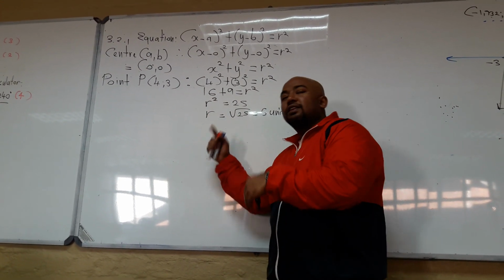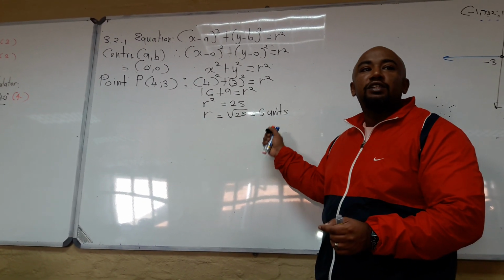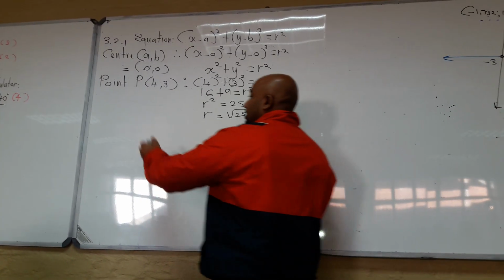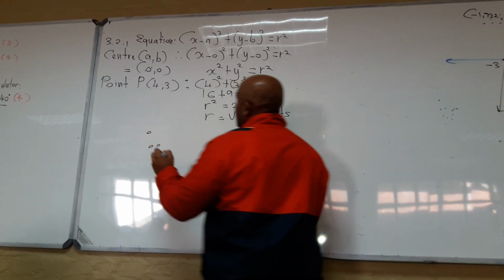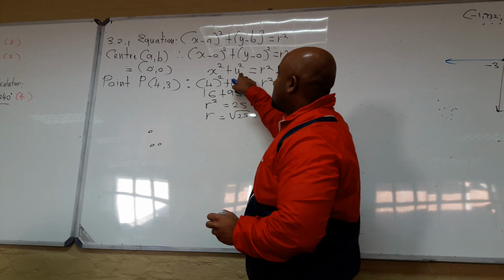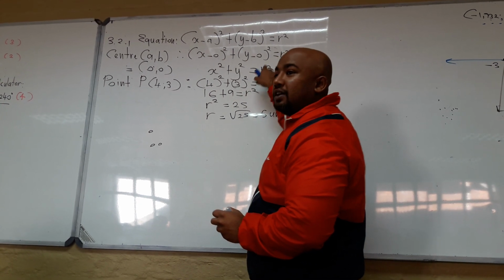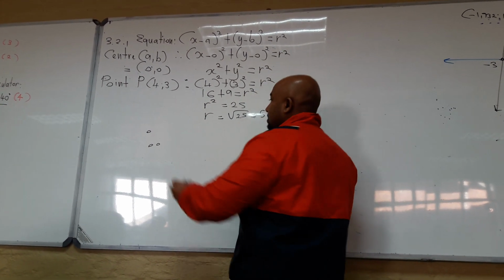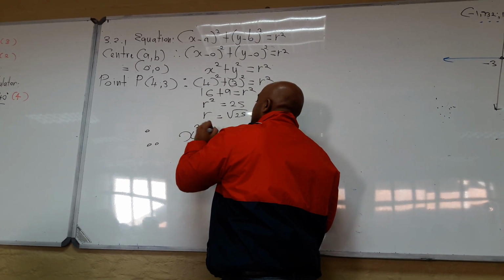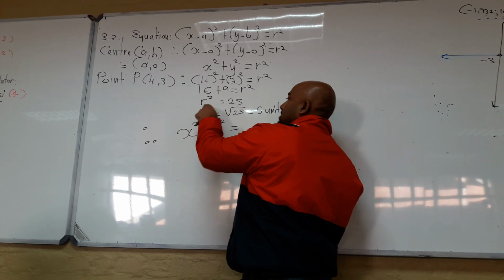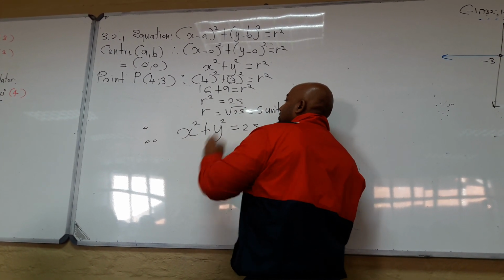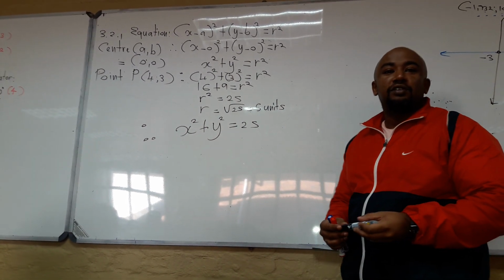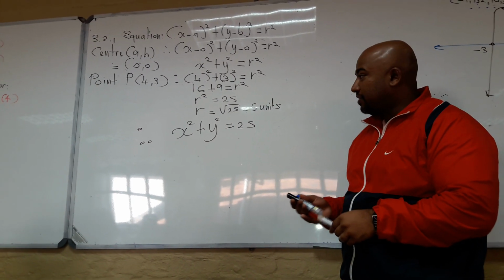We're just finding r, but we don't need to write it down. So your answer, the equation of the circle: x squared plus y squared is equal to r squared, not r. So x squared plus y squared is equal to what is r squared? 25. Don't write down the square root of 25. It's just 25, that's all.